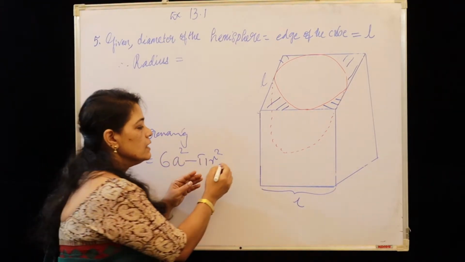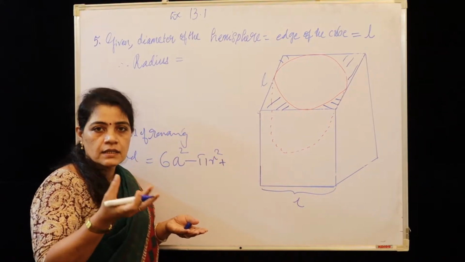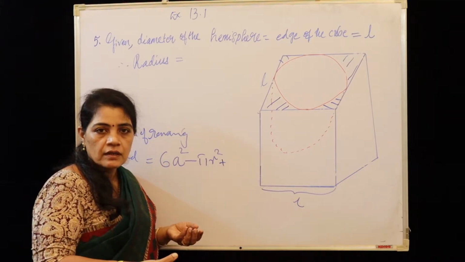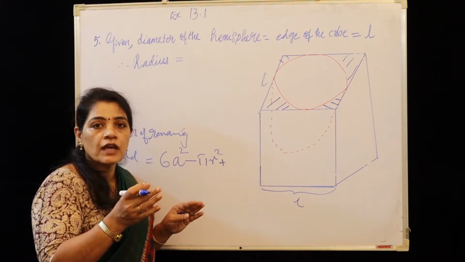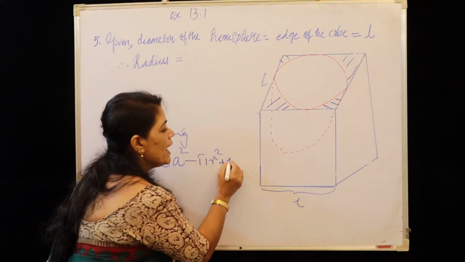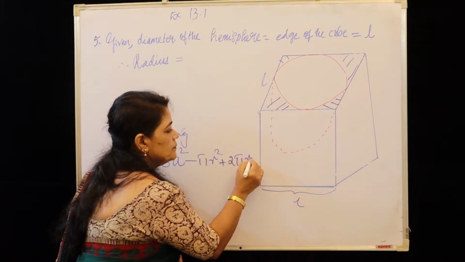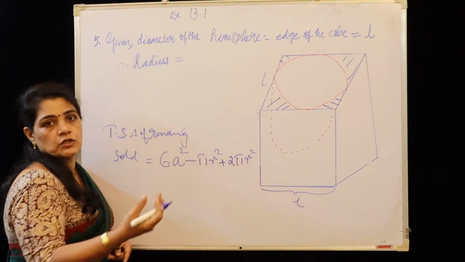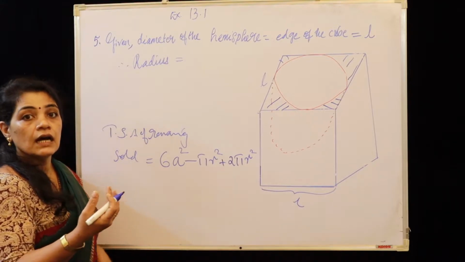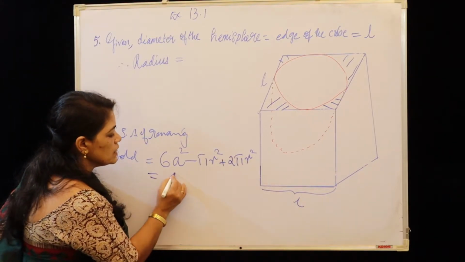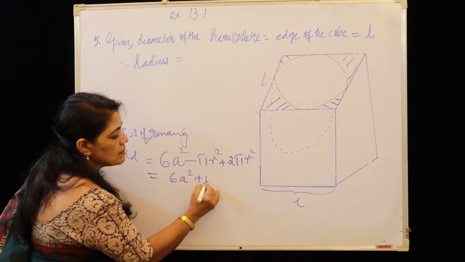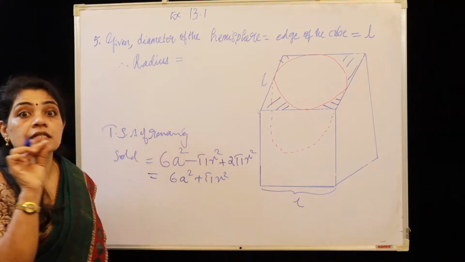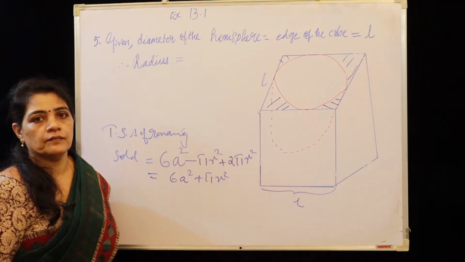And the curved space formed in the depression, that CSA of the hemisphere, 2 pi r square, should be added. So 6a square minus pi r square plus 2 pi r square: minus 1 plus 2 is plus 1, so that is plus pi r square.